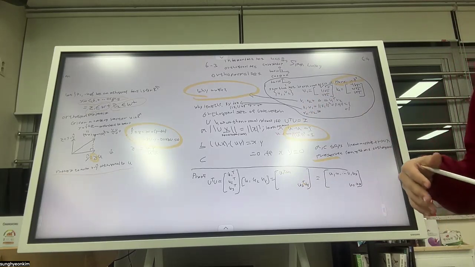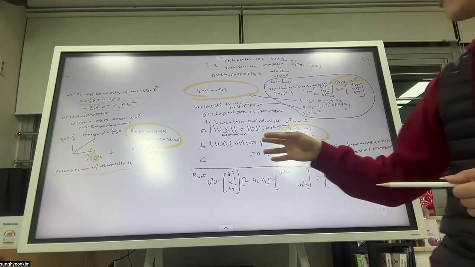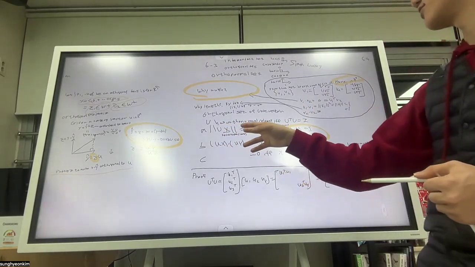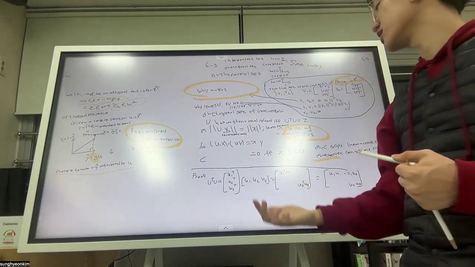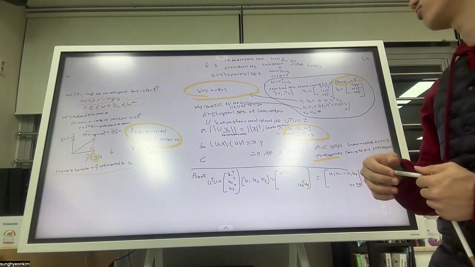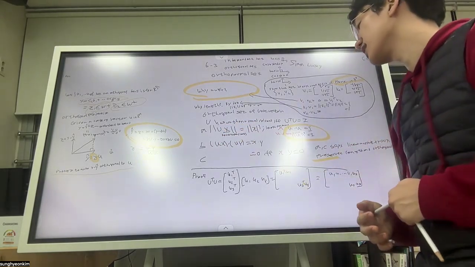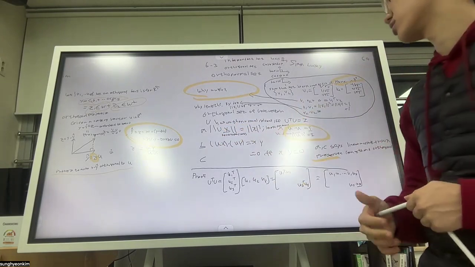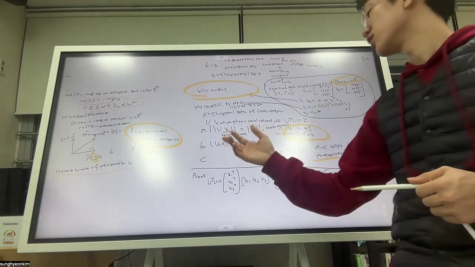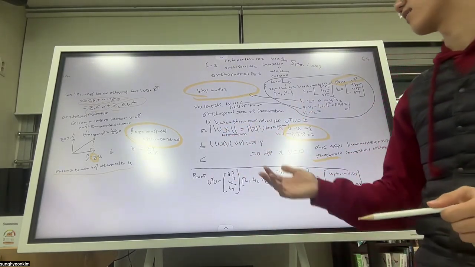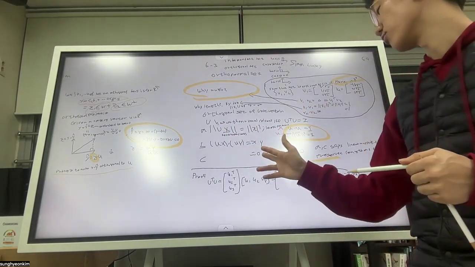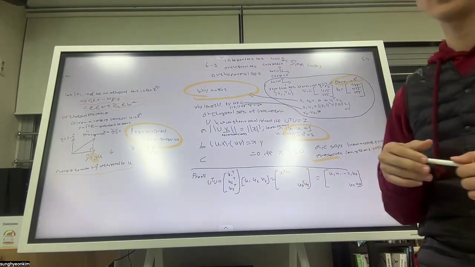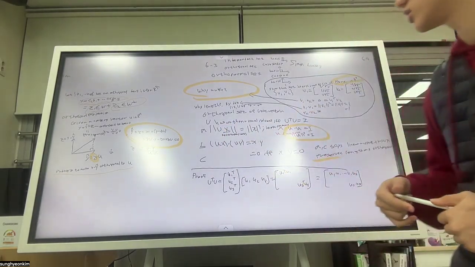It has 3 properties. First, for an arbitrary vector X, the length of U multiplied by X should be the same as the length of X. Second, U X dot U Y should be the same as X dot Y, and it should be 0 if and only if X dot Y equals 0.